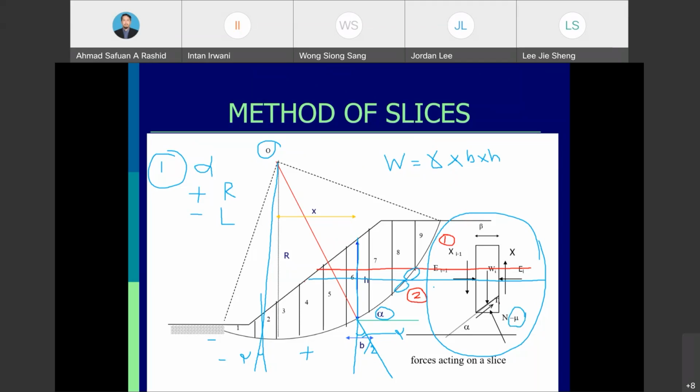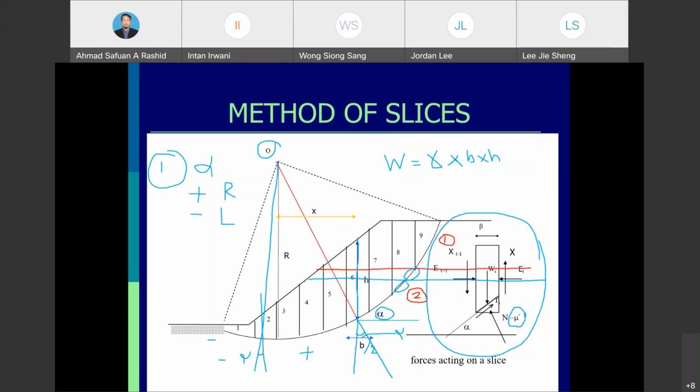Then they derived the equation. Another assumption was made by Fellenius, where they assume X and E are equal to 0, but they include the pore water pressure.